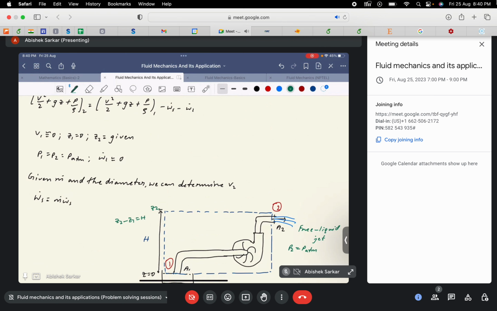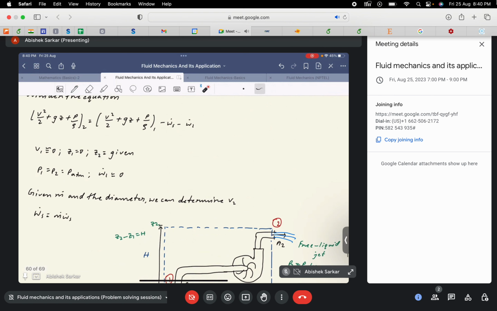So P1 is equal to P2, and for the sake of simplicity we can neglect the viscous losses. Here we need to keep in mind that neglecting viscous losses does not mean that the flow is inviscid.